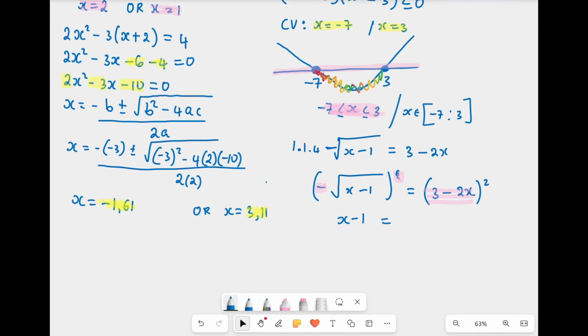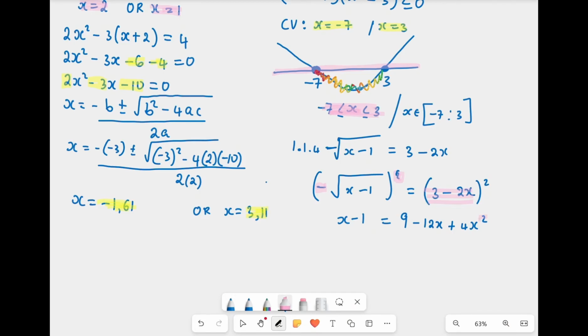So it will be 9 minus 6x minus 6x, which will be minus 12x, and then plus 4x squared.